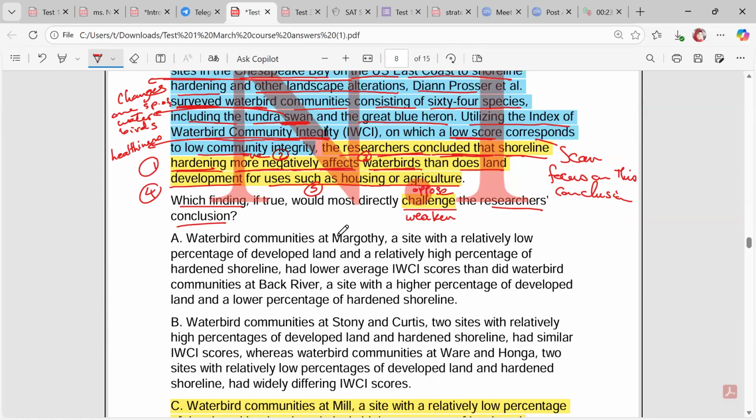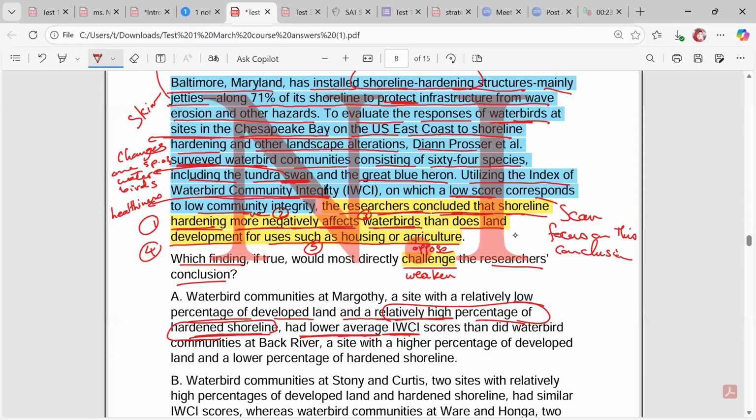Water bird communities at this site, a site with a relatively low percentage of developed land and relatively high percentage of hardened shoreline, had lower average IWCI scores. Low means they are not safe.